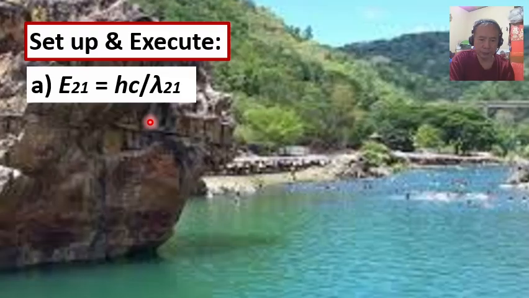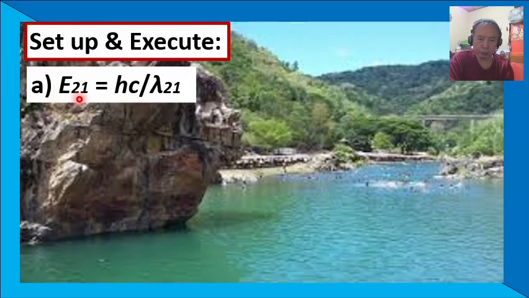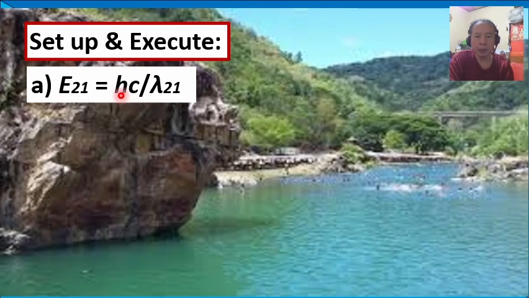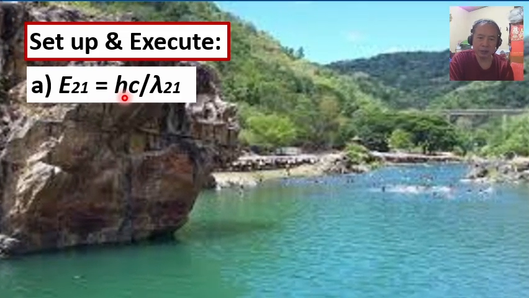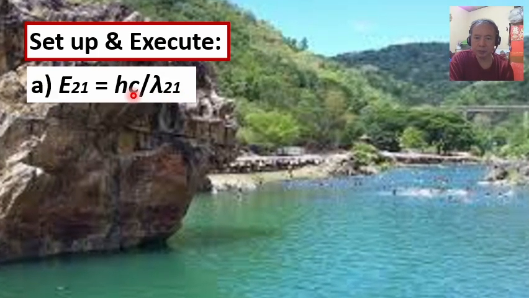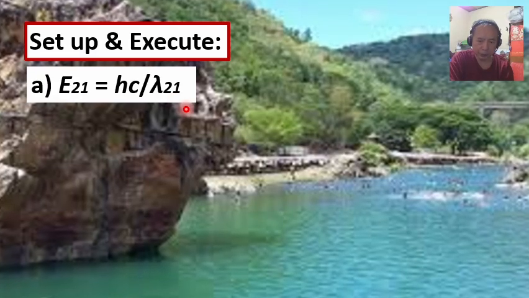So that is denoted here by E sub 21, and it's also equal to the product of Planck's constant h and the ratio speed of light in vacuum over lambda sub 21.